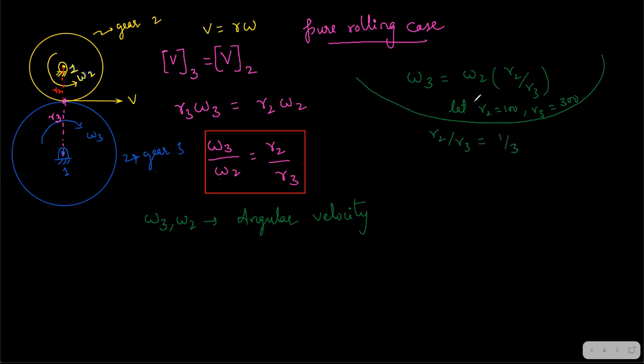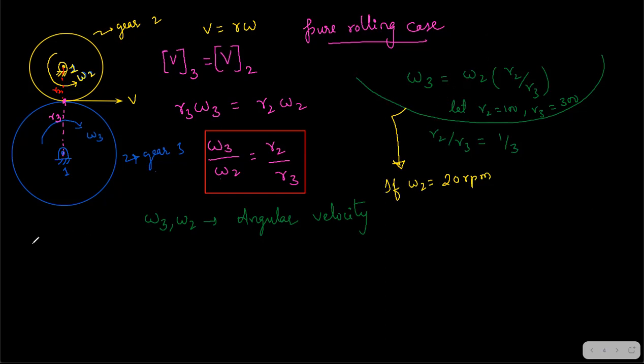Now, if the input angular velocity omega 2 is given as 20 rpm, I can even write it in terms of rpm because they are ratios, right? I can write n2 instead of omega 2.